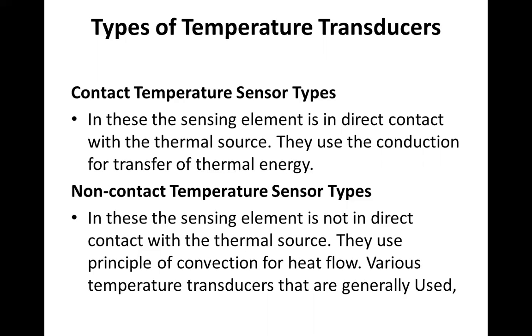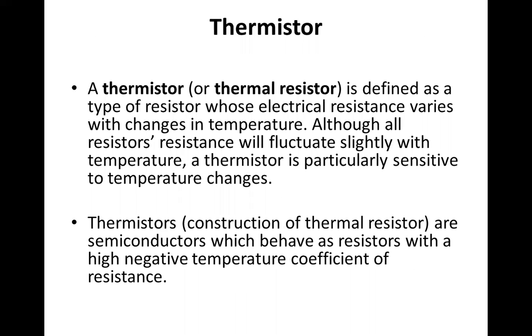Various temperature transducers that are generally used are as follows. Today we will discuss only one, that is the thermistor. A thermistor or thermal resistor is defined as a type of resistor whose electrical resistance varies with changes in temperature.